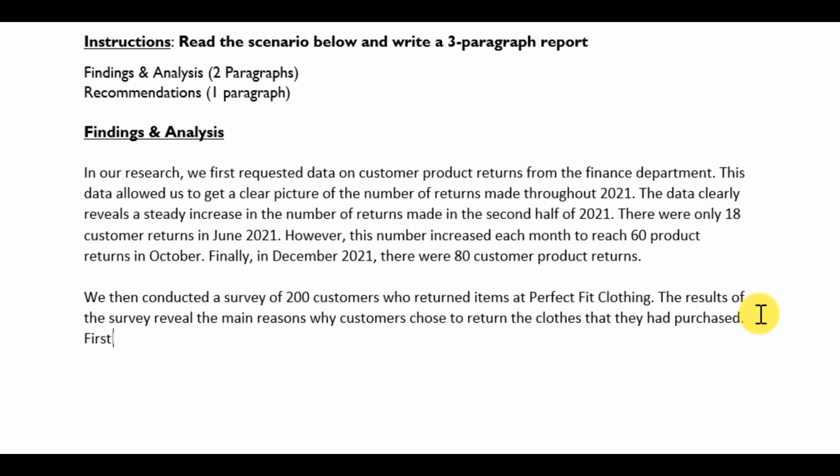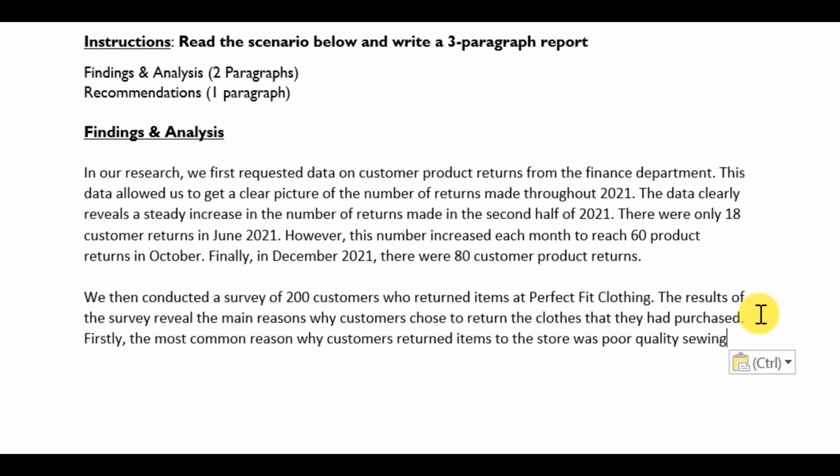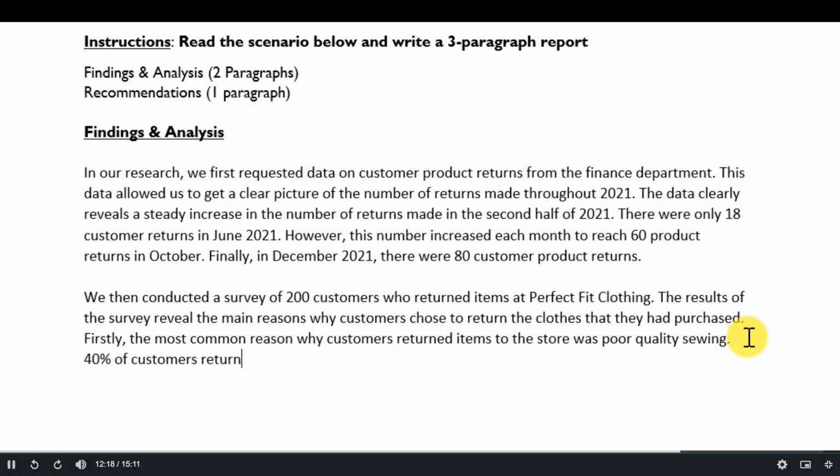So, firstly, the most common reason why customers returned items to the store was poor quality sewing. But don't forget, we should use the data from the chart. So, 40% of customers returned items for this reason. Okay, that's the first reason.